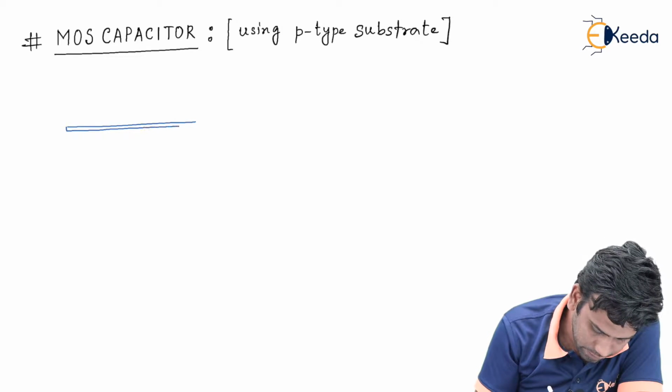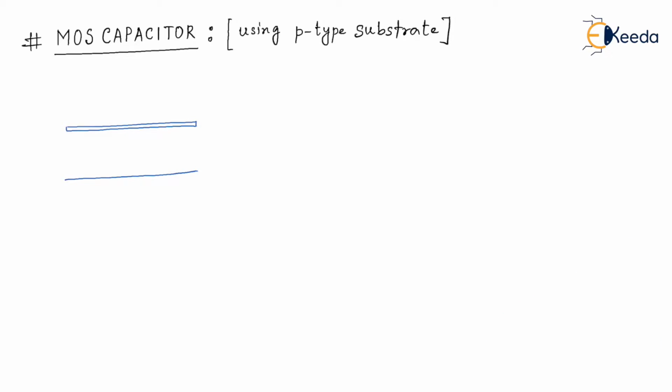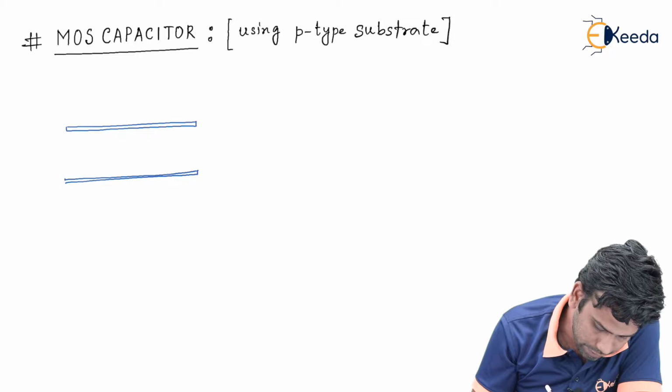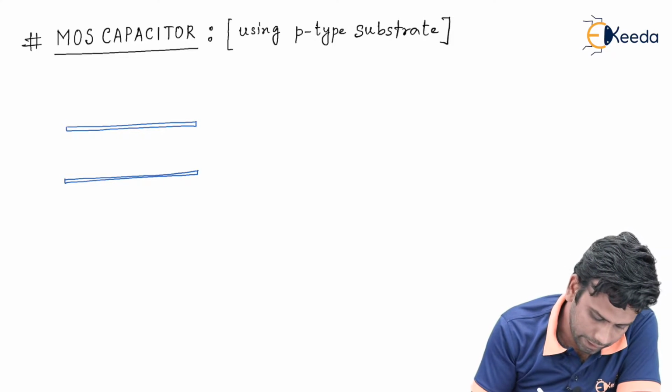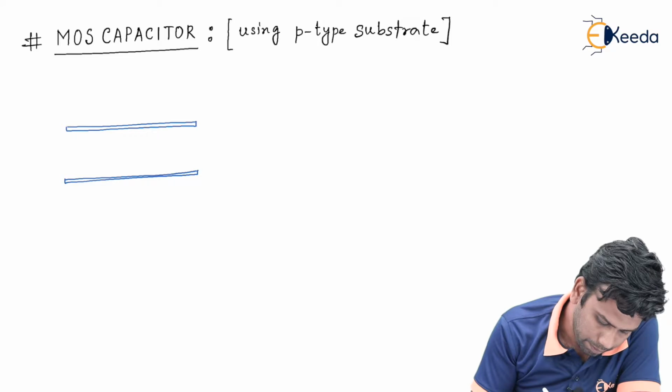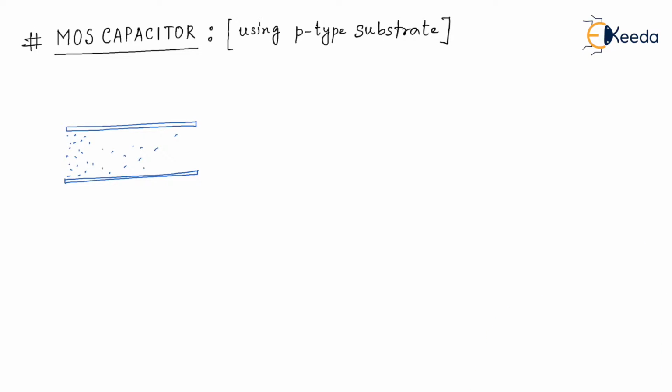So it is one plate, and another plate will be there. This is another metal plate, and in between the metal plates a dielectric material is given, and this is the dielectric material.